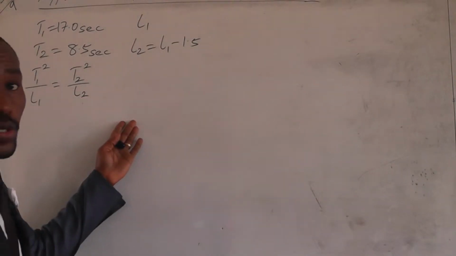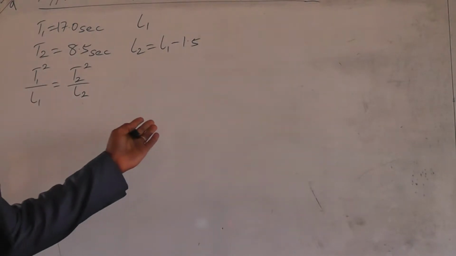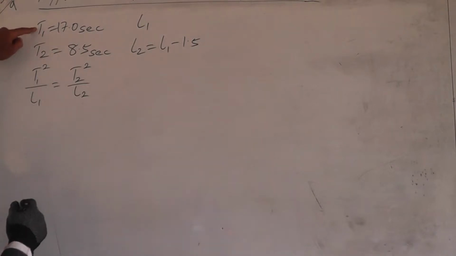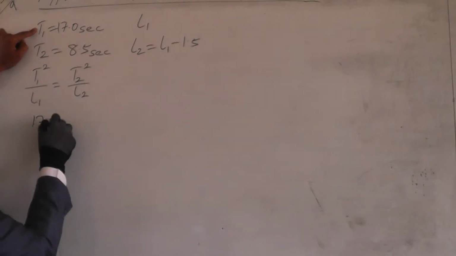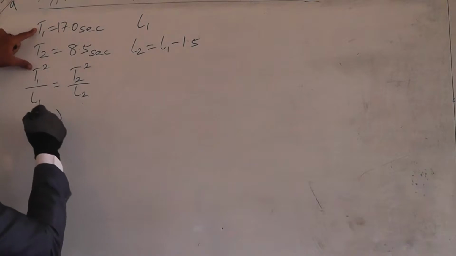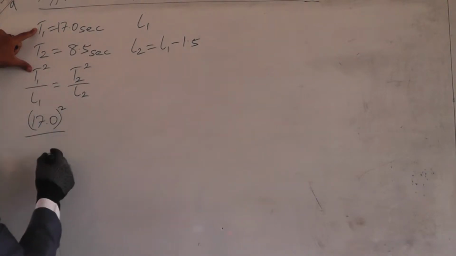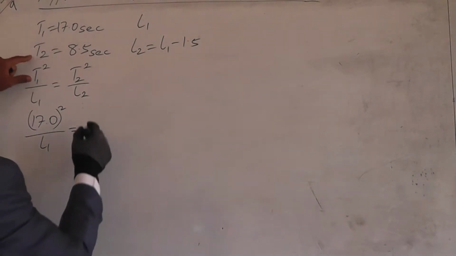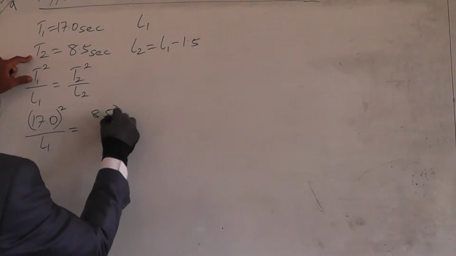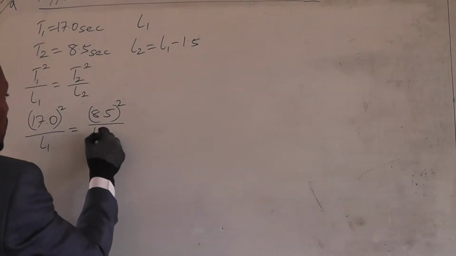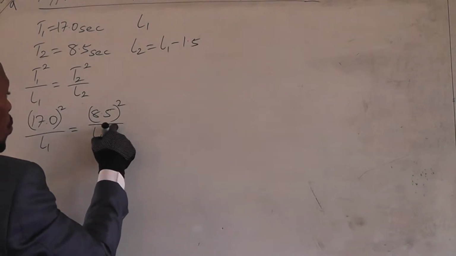Now, if I substitute the values I have, my T1 is 17.0 seconds. I'll leave the units, and when I finish, I fix my unit. Because T1 has a square, I put it all squared here, all over L1. My T2 is 8.5 all squared, all over my L2, which is L1 minus 1.5.